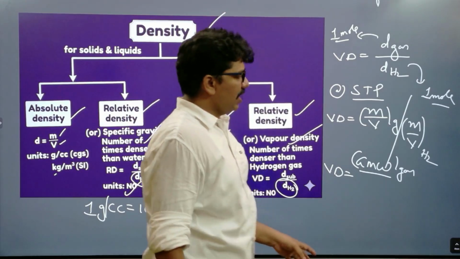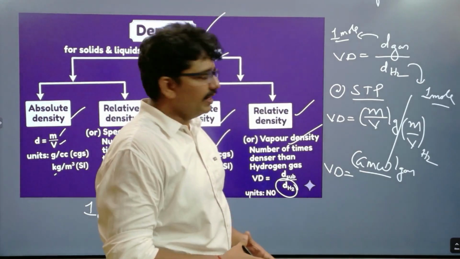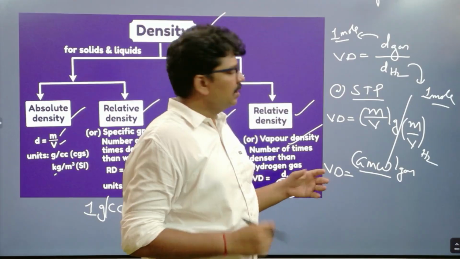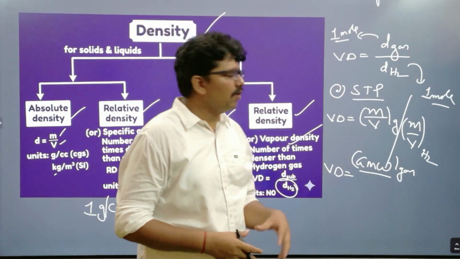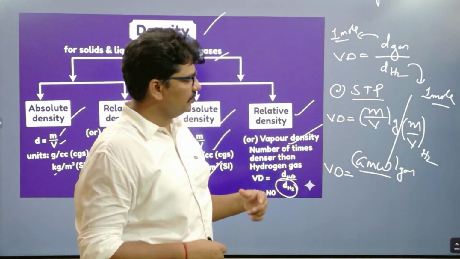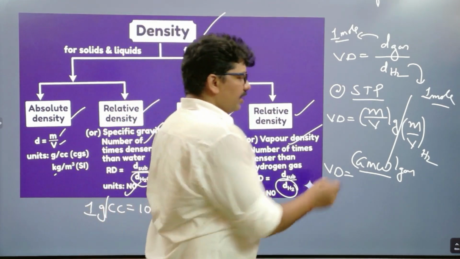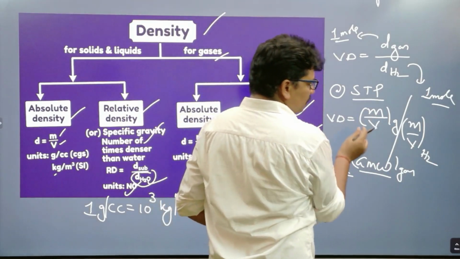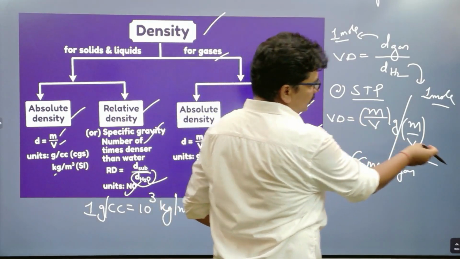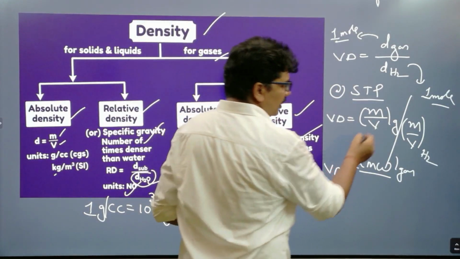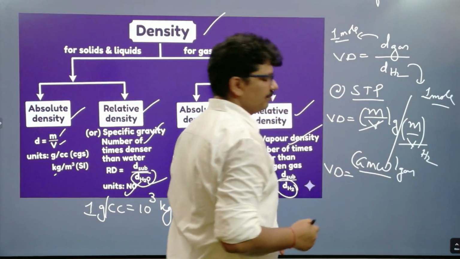According to Avogadro's law, equal volumes of all gases contain an equal number of particles. So here 1 mole of particles of the unknown gas and 1 mole of particles of hydrogen gas. The 1 mole volumes are the same, so these volumes are cancelled.